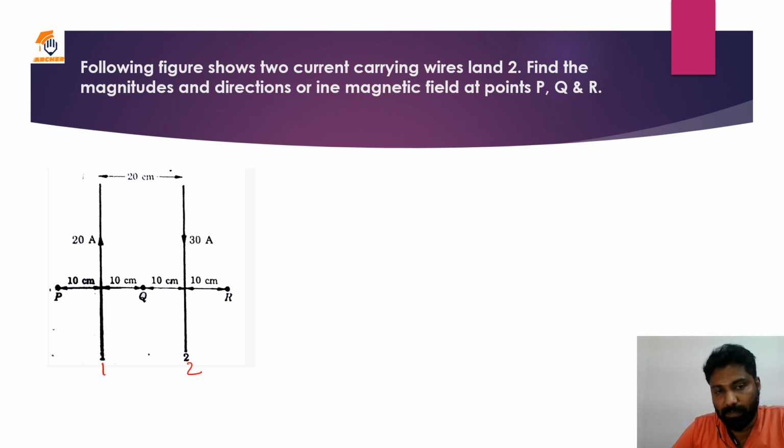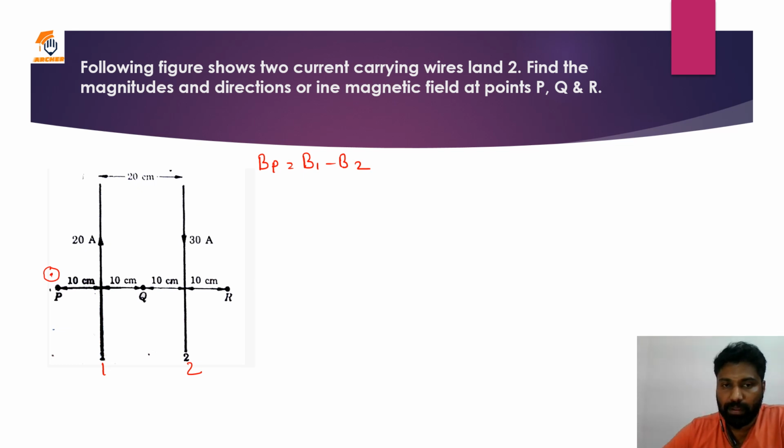The magnetic field will go in this direction, so this point will be outward. So here we get an outward condition. The magnetic field will be outward. So we can write the magnetic field at P will be equal to B1 minus B2.